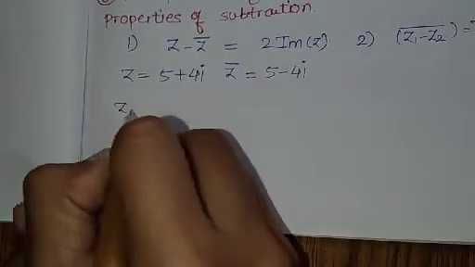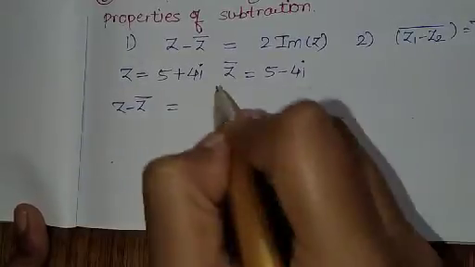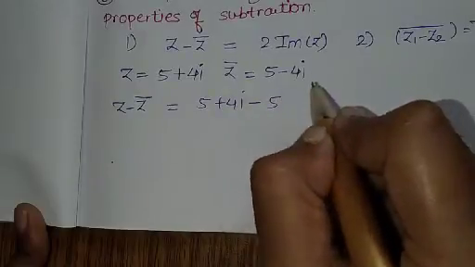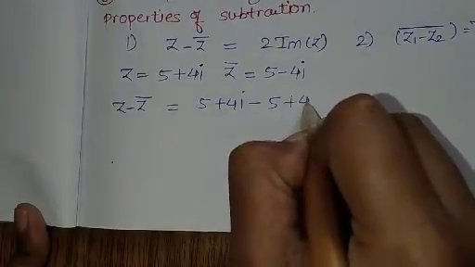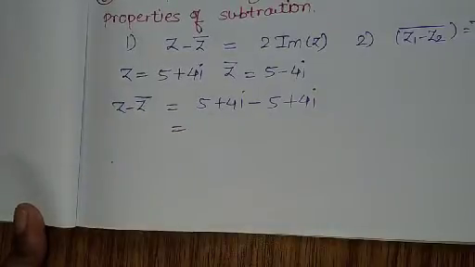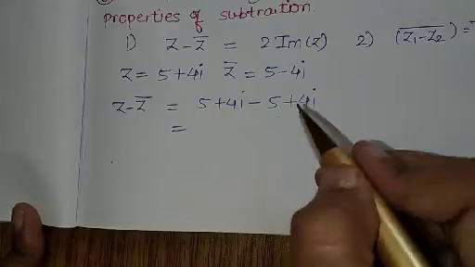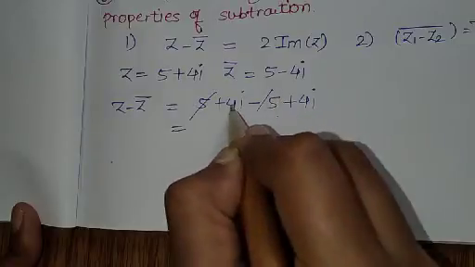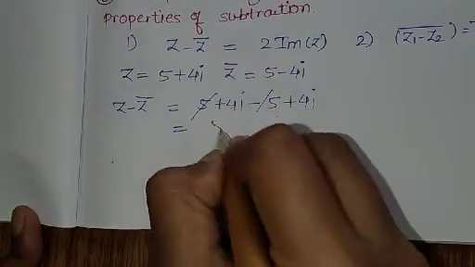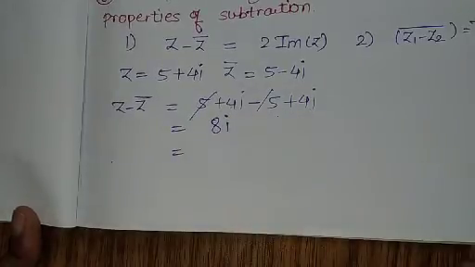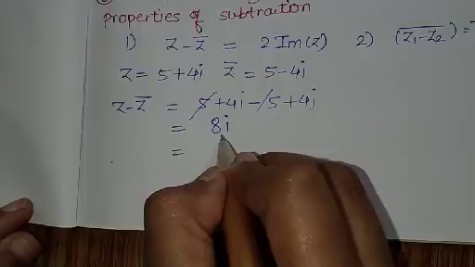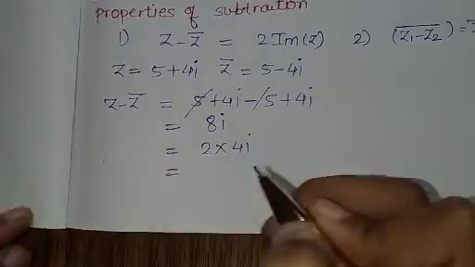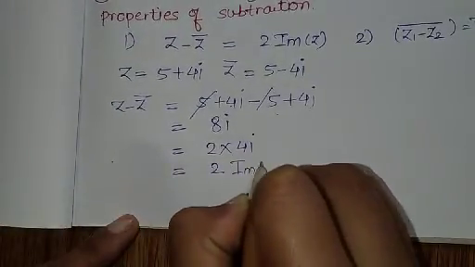So LHS contains z minus z conjugate is equal to 5 plus 4i minus 5, this minus becomes plus, that is 5 plus 4i, which is equal to, this 5 and minus 5 will get cancelled, and here 4i plus 4i is nothing but 8i, and we write this 8i as 2 into 4i, that is nothing but 2 into the imaginary part of z.